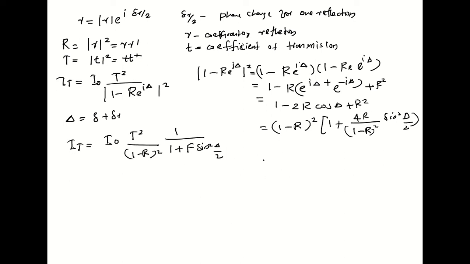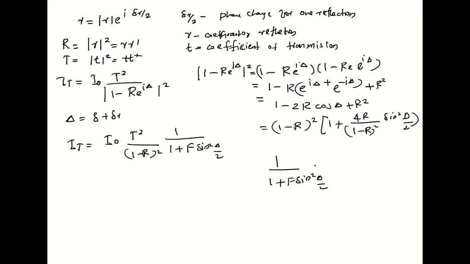So we have represented 1 by (1 plus F sin squared delta by 2).